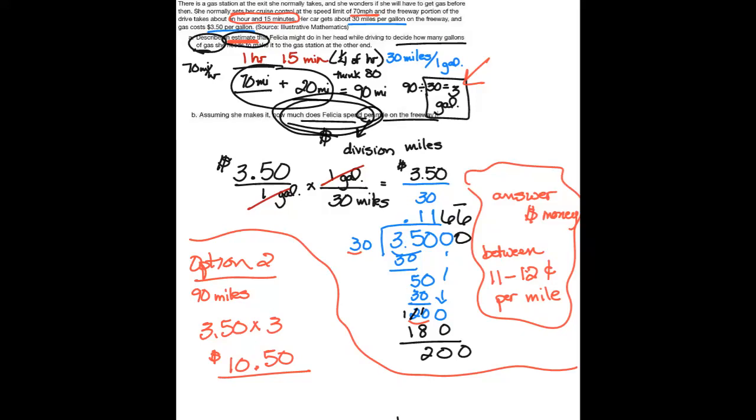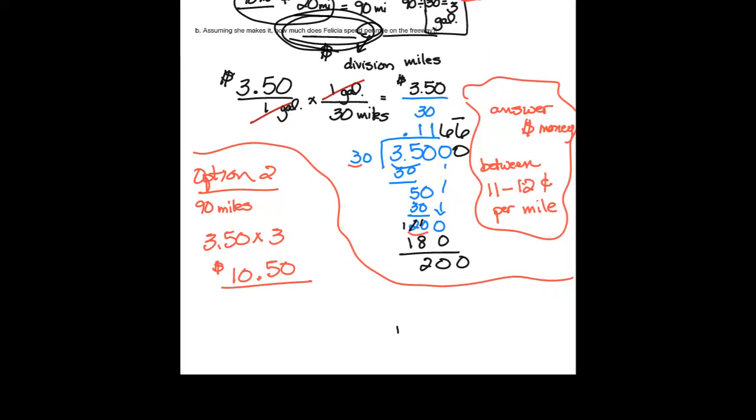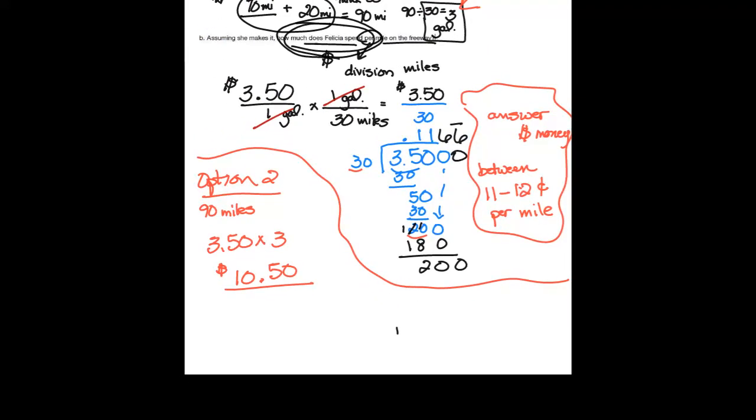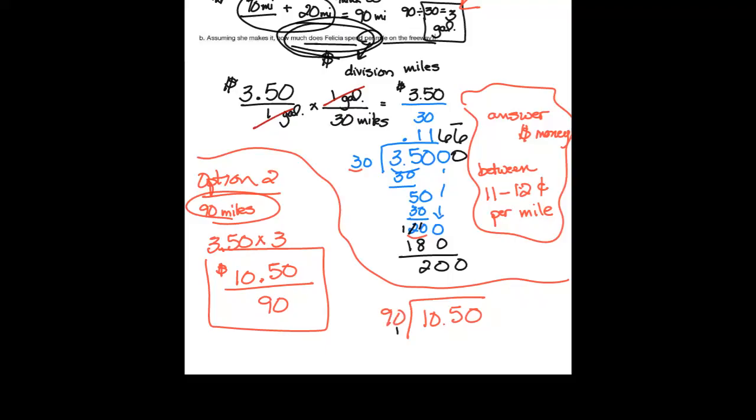So this is just figuring it out literally from where she was on the highway. So how much does she spend per mile on the freeway? How many miles was she on there again? 90. So if you take this $10.50 and divide it by 90, put your decimal point up there, you are going to get the same answer. Okay?